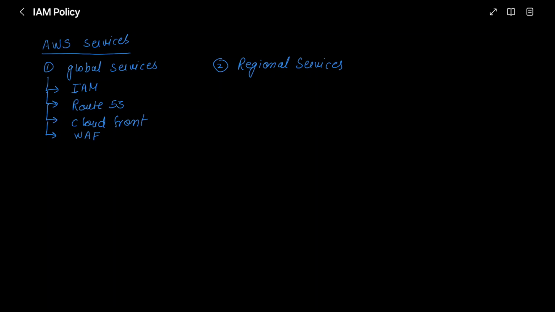Within the regional services, we have something like Amazon EC2, which is like a unit of computing. So if you need to run any service which requires some form of computing, then Amazon EC2 is like the fundamental aspect of it.